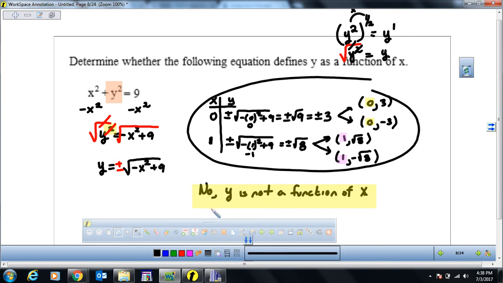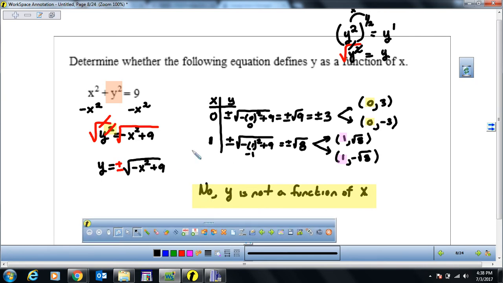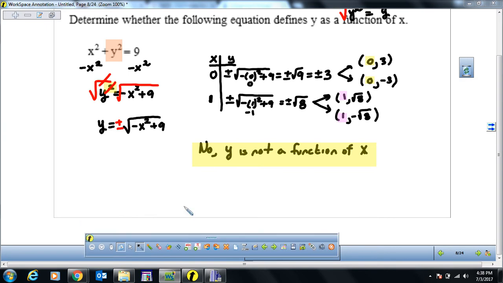So once again, anytime we have an equation in which the y is being raised to an even power, that automatically will tell you that that equation does not represent a function.